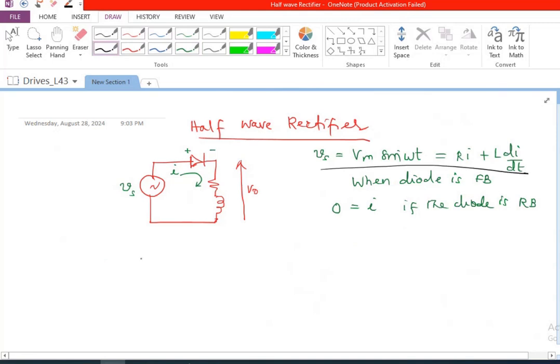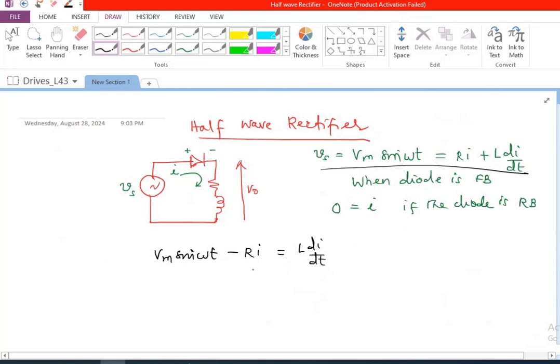So I should be able to say Vm sine omega t minus Ri is equal to L di by dt.